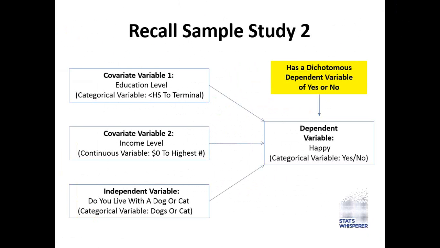So sample study 2 is very valuable to us because it's very understandable to most people. So recall, sample study 2 is almost the same as 1, but the dependent variable has been dichotomized. So instead of happiness 1 to 5, we're talking about either you're happy yes or you're happy no. So it's a dichotomous dependent variable.